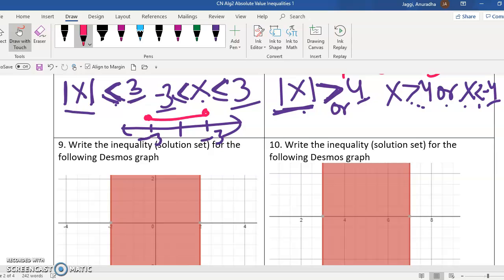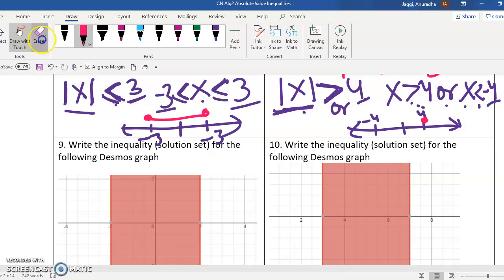What about this "or" inequality? You are going to draw the number line, and there is a negative 4 and a positive 4, and your x is greater than positive 4.